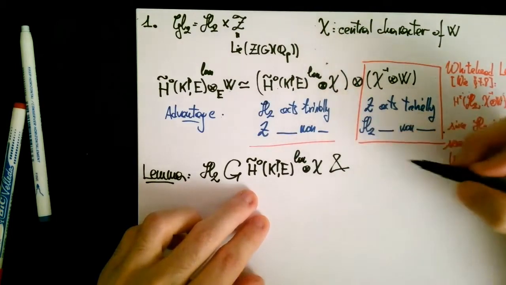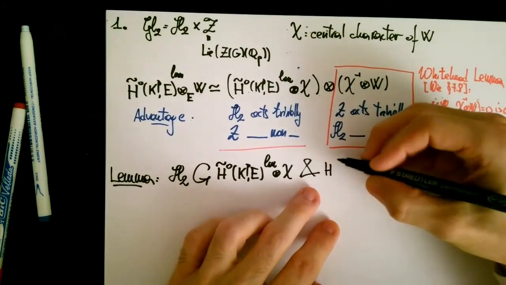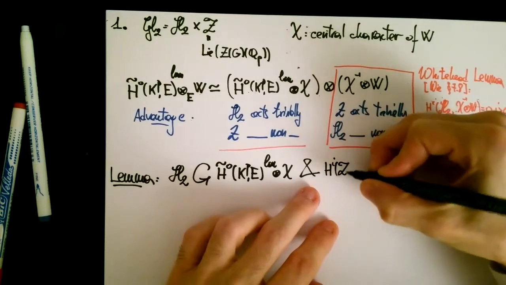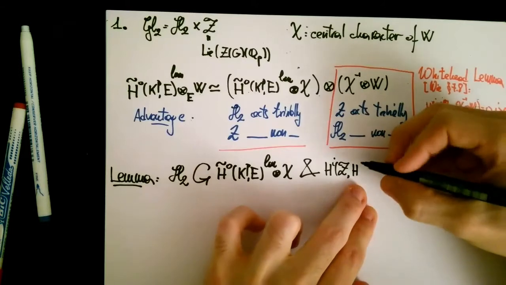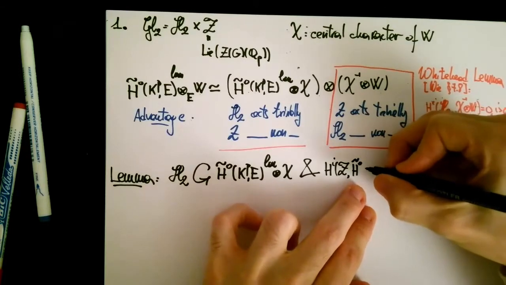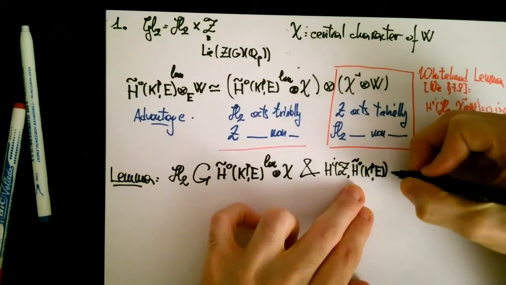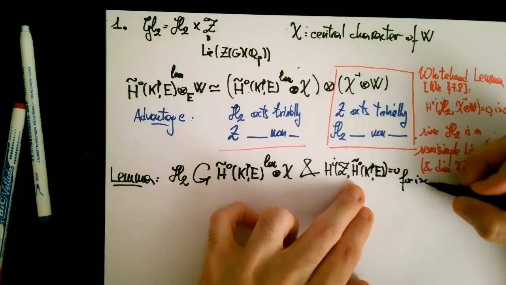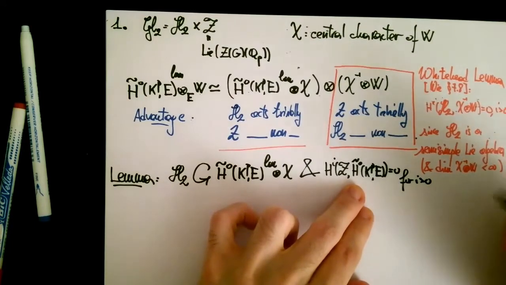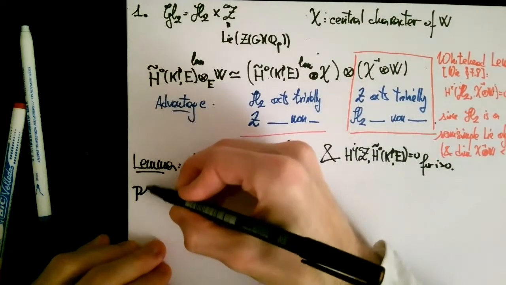And moreover, we have what we want, meaning that the H^i of the Lie algebra of the center computed over H^0 tilde of K^p, E is 0 for i strictly bigger than 0. All right, so let's have a look at the proof.